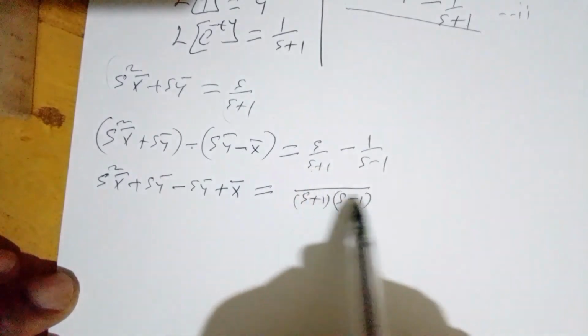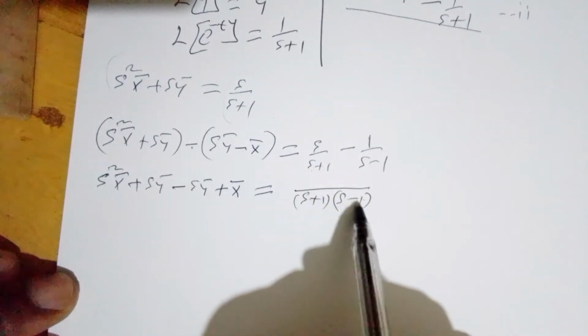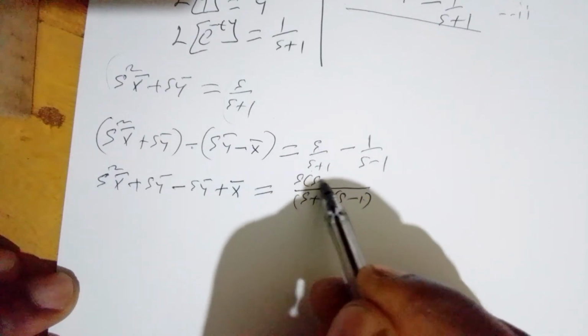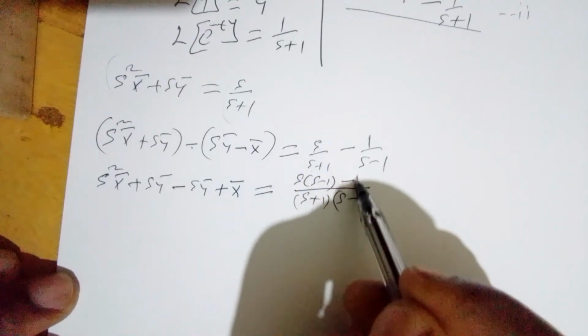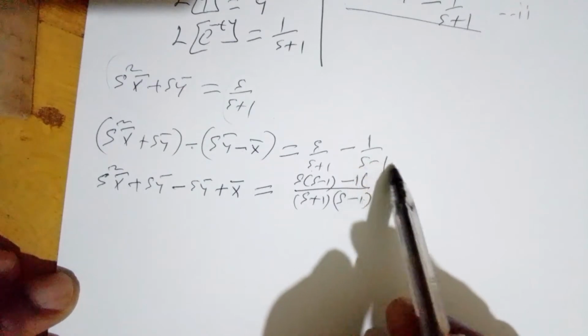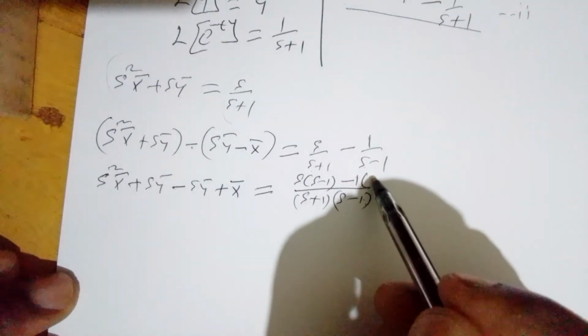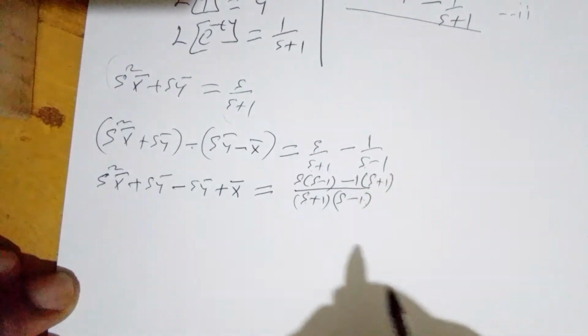S plus 1 goes into it s minus 1 times s, so s into s minus 1, minus 1 into s plus 1.